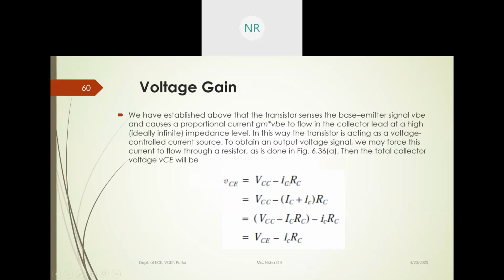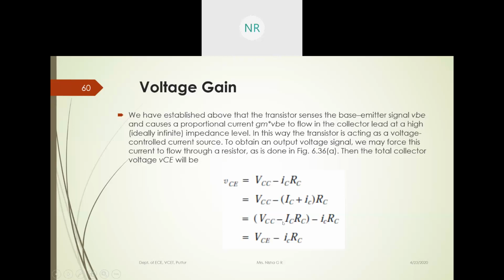This is what is written here, and this is the instantaneous value of the collector emitter voltage. So this should be the instantaneous current value. Instantaneous current value means it will consist of DC and AC. So VCC minus IC into RC.